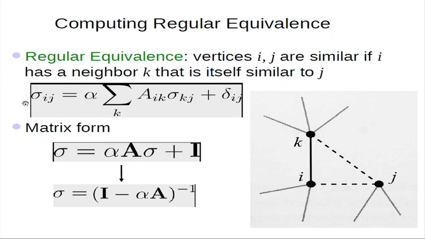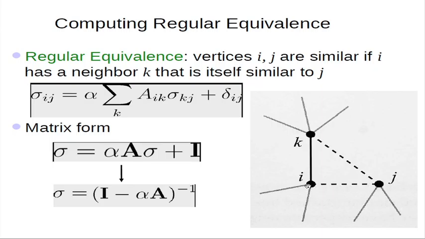So, we denote this as sigma ij, that is equal to alpha, which is a constant prefactor, into a_ik sigma kj. So, sigma kj is expressing the extent of regular equivalence between k and j, plus a small constant delta ij. Okay. So, we are assuming that there is some small factor delta ij, the Kronecker delta between i and j.